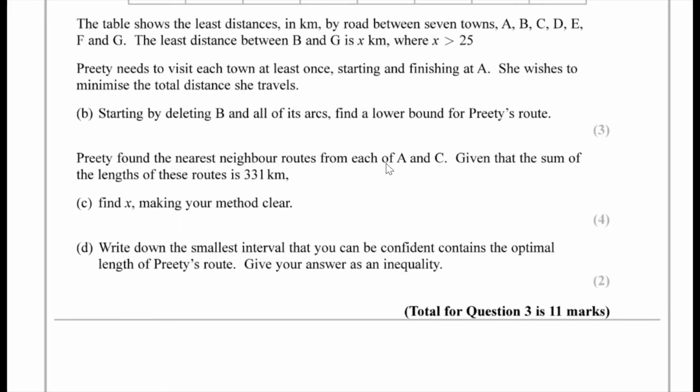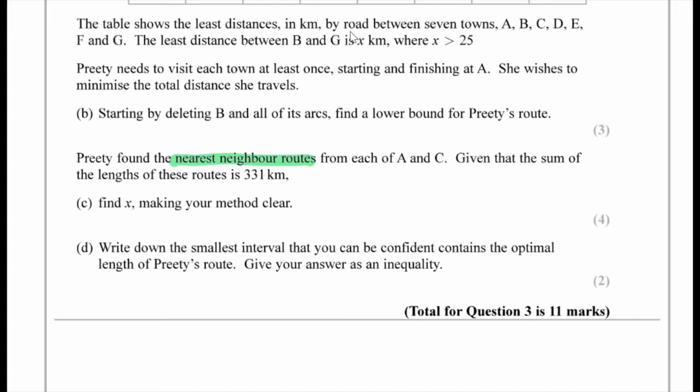So the way we can approach part C is to consider the route from A and the route from C, obviously using the nearest neighbour algorithm, and then we can find x from that. So let's first of all consider the route starting at A.